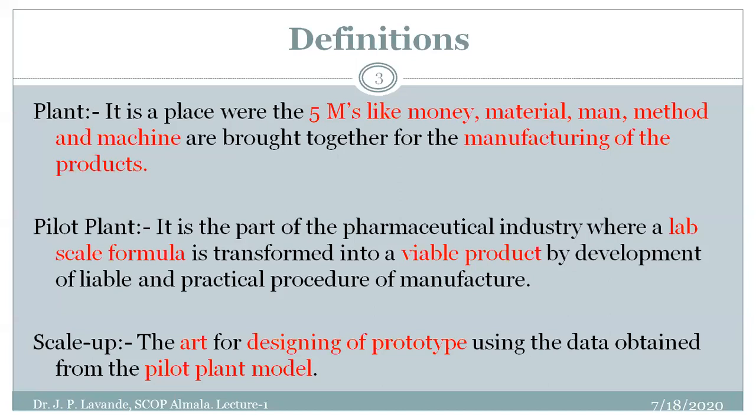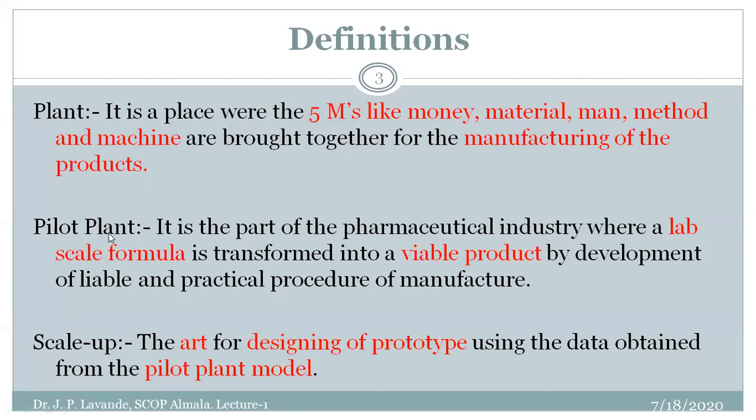So the ultimate aim of clubbing all these five together is to get the product. And how to obtain this product? Through the process of manufacturing. So for manufacturing, all these are directly responsible. We have to give input of all these in order to manufacture a particular kind of product.